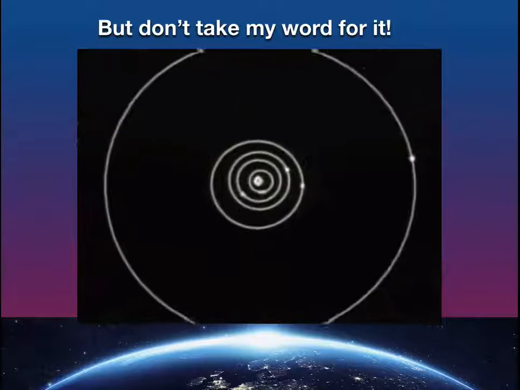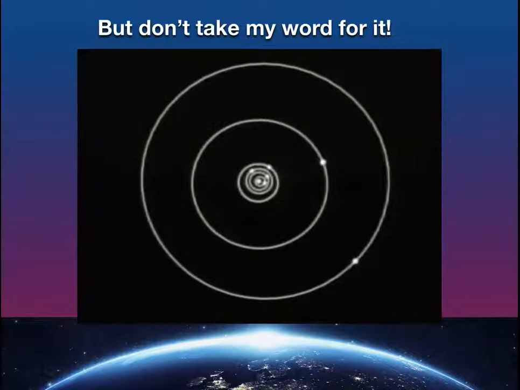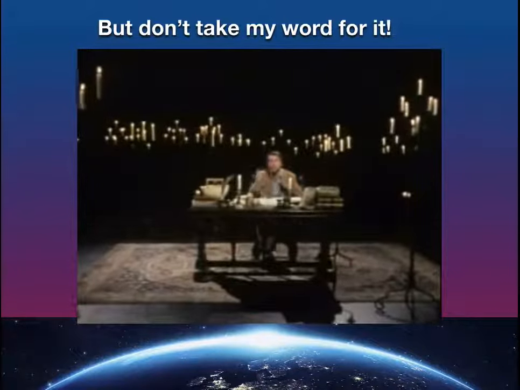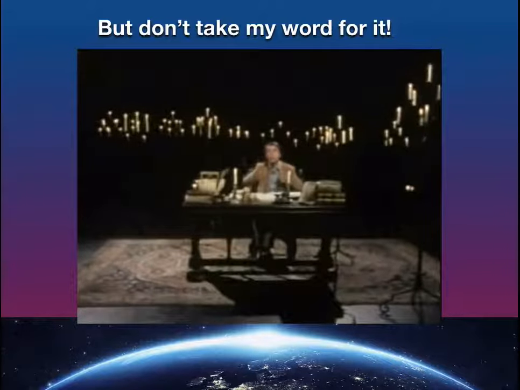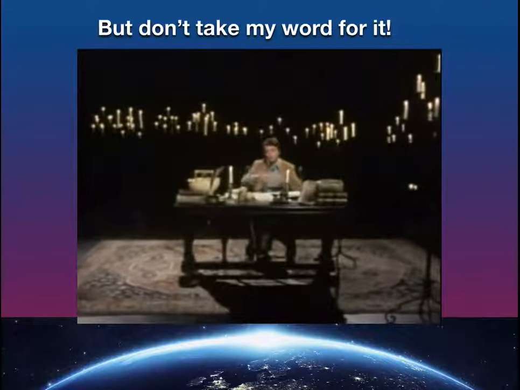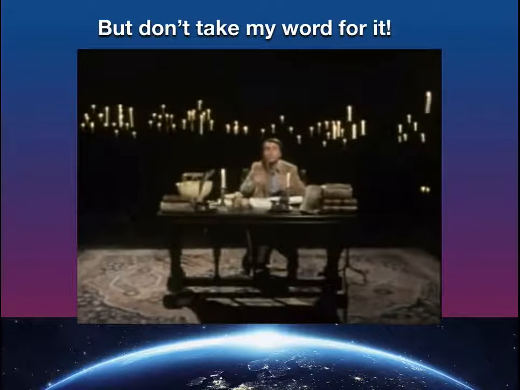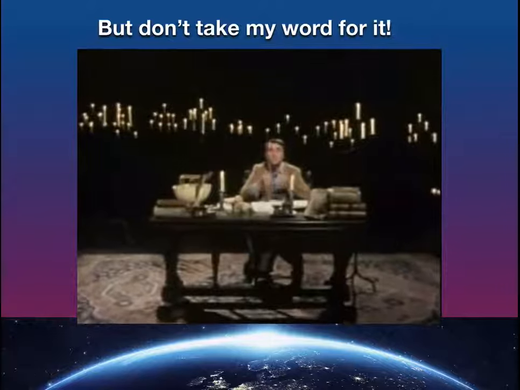Isaac Newton later identified that force as gravity, answering at last the fundamental question: what makes the planets go? Kepler's third, or harmonic law, states that the squares of the periods of the planets, the time for them to make one orbit, are proportional to the cubes, the third power, of their average distances from the sun. So the further away a planet is from the sun, the slower it moves, but according to a precise mathematical law.